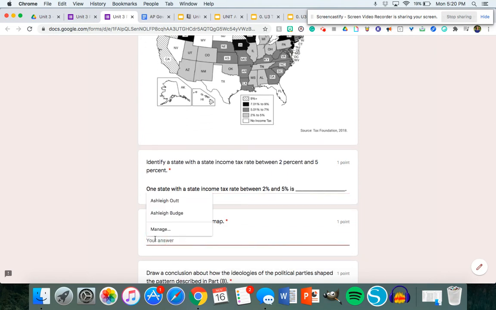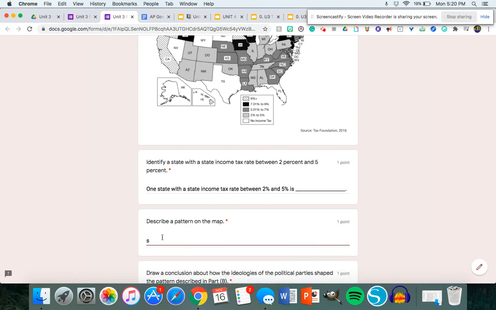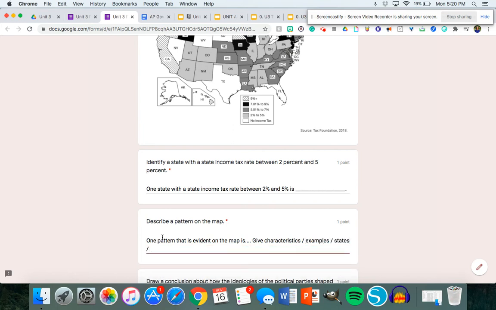When I describe, I would start this off with: one pattern that is evident on the map is, and then I would describe the pattern. I would give characteristics, examples, or states from the map itself.